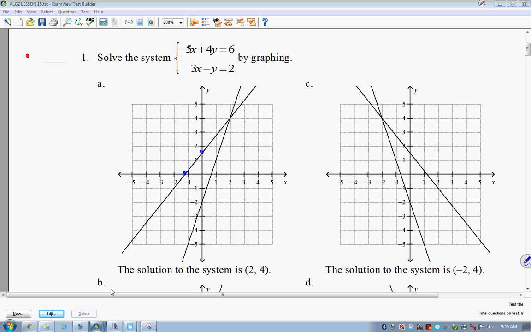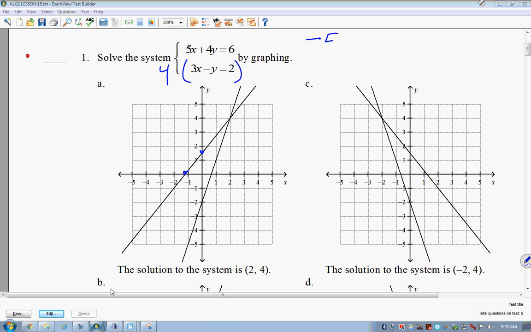But let's see if we can figure out how to find a solution to these two equations. Anybody know how we might find a solution? This is probably getting into later lessons, but to find a solution, we can eliminate one of these variables. For instance, I could multiply this whole equation by 4.